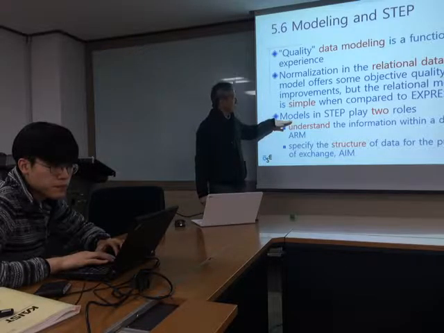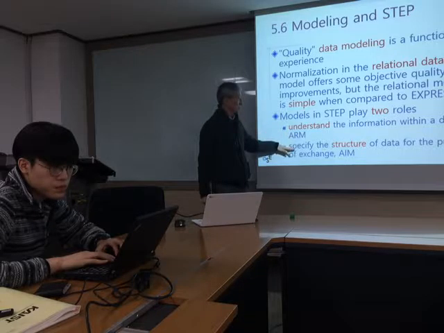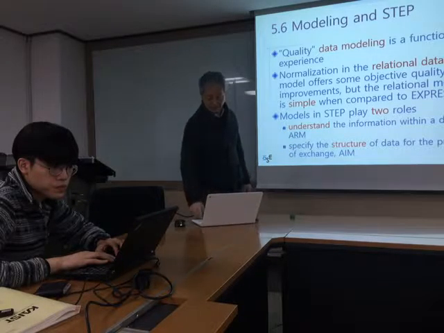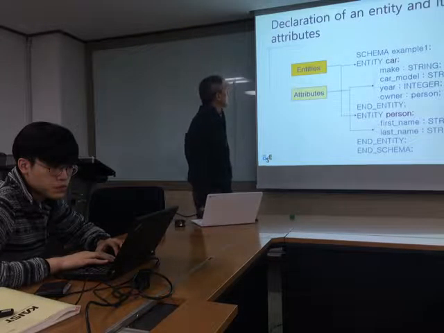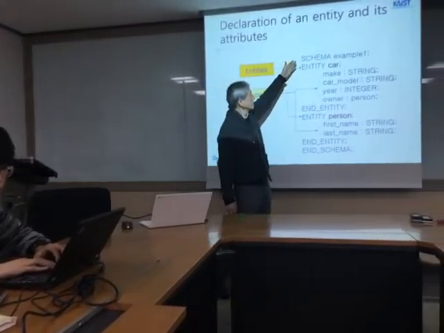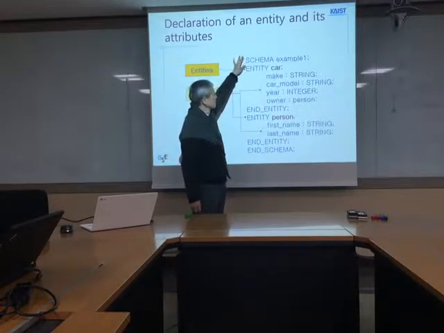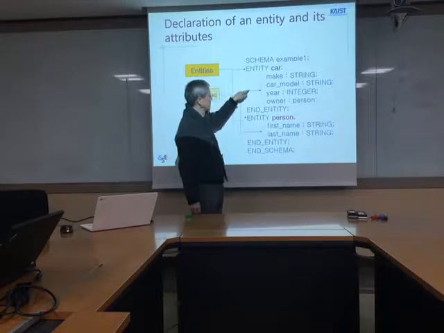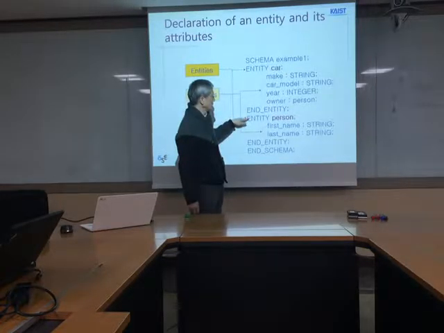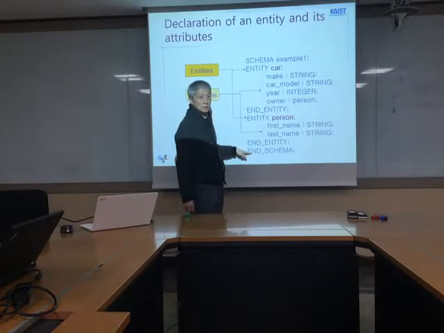So modeling in STEP has two roles, understanding and also specifying structure. And you see the start of an entity, right? Schema example. In the previous example there was no word like schema, but this is a schema. Start entity, end entity, and start entity, another end entity. And all together it ends as an end schema.